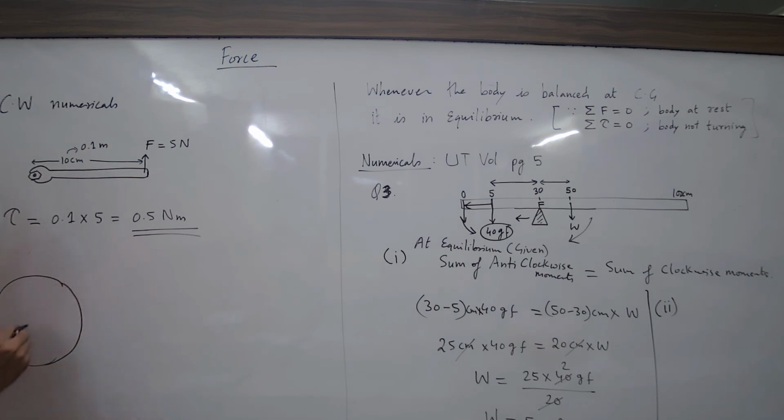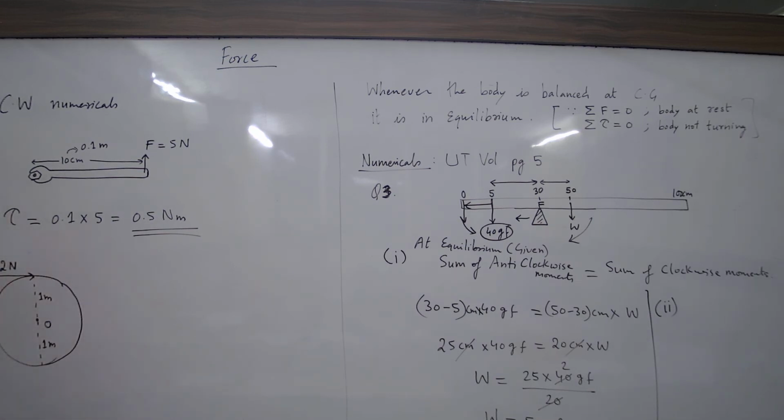This is the wheel and the axle is at O. What is the diameter of the wheel? 2 meter. So therefore the radius will be 1 meter. Okay. And the force is applied here. How much is the force? 2 Newton.